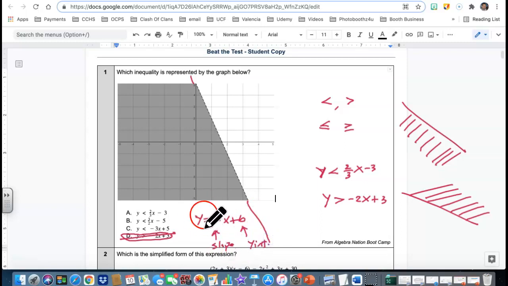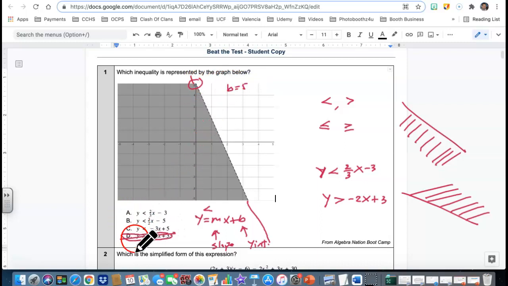But in this case, instead of having an equal, I have a less than, but the equation behaves the same way. So what I need to do is find out what's my y-intercept, because remember, this is your x-axis and this is your y-axis. So how much is your y-intercept? 1, 2, 3, 4, 5. So my y-intercept is 5.